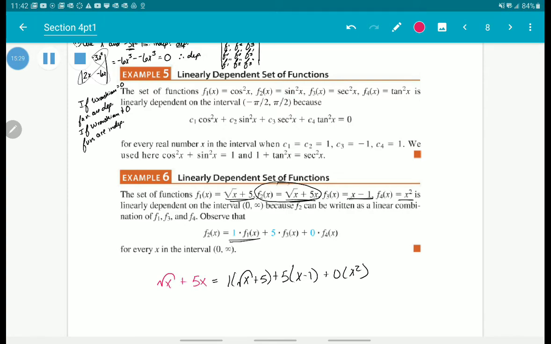So we're able to write f2 as a linear combination of all of the other ones, which means f2 is dependent on f1, f3, and f4. So those are actually dependent functions.